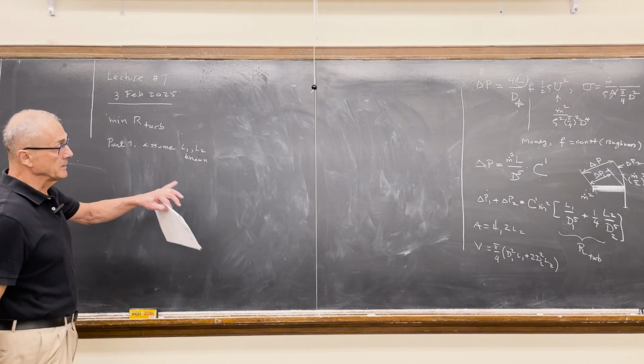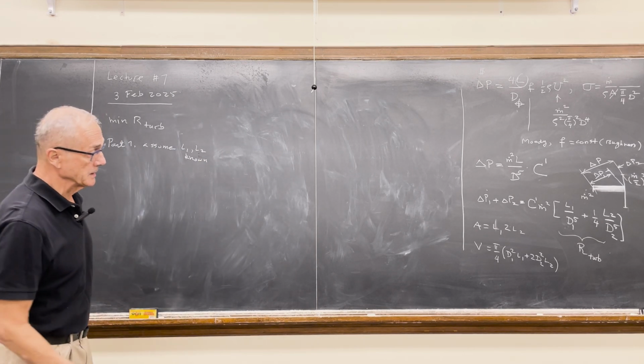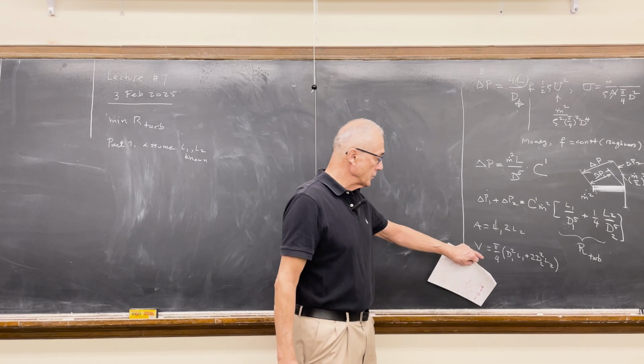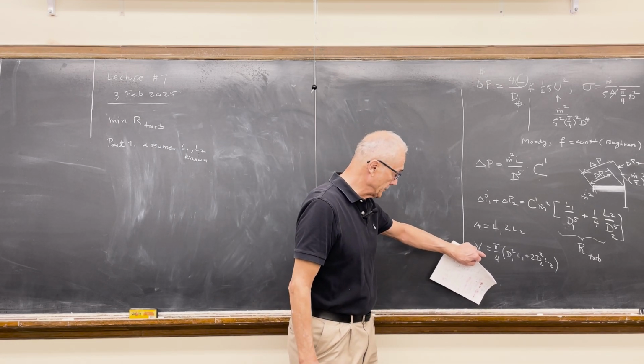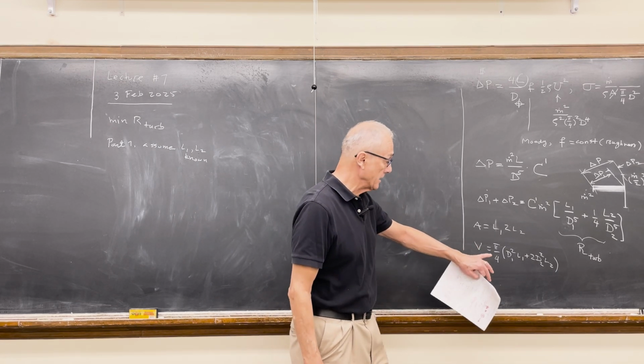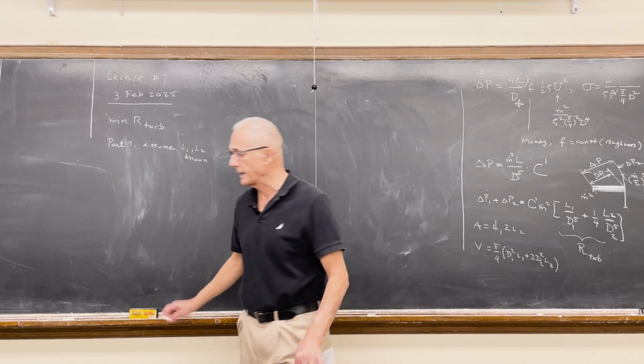And then you minimize this resistance subject to the internal size constraint, because there these diameters are appearing.